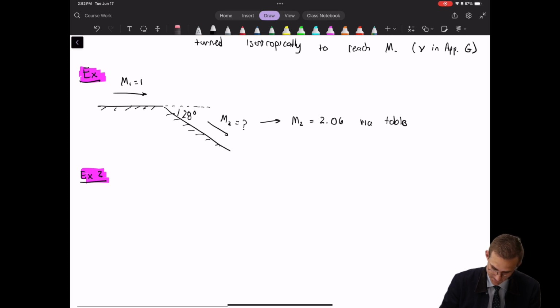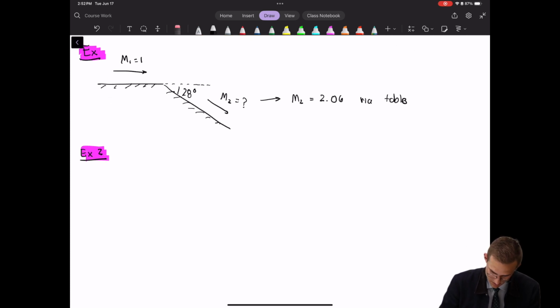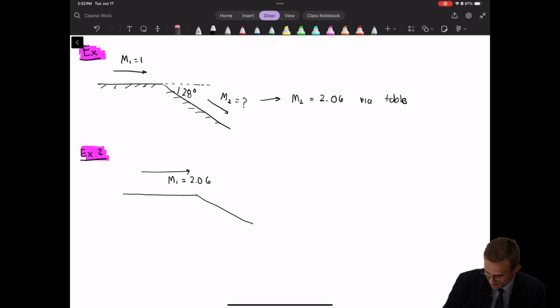In this case, our first M1 is equal to 2.06, what we just got, and then we're going to turn it through an additional 12 degrees. We want to know what M2 is.